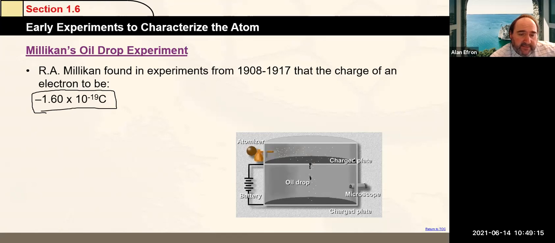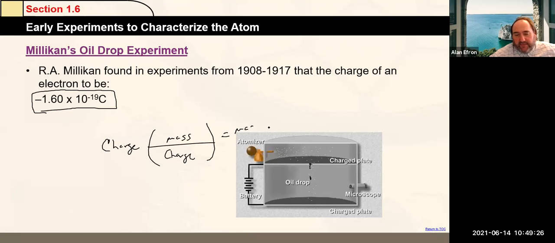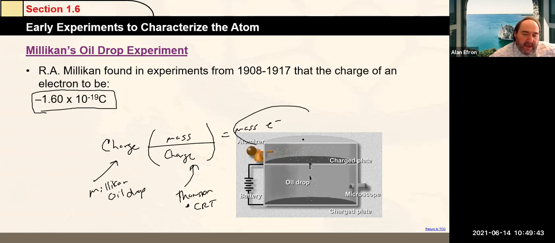Using the charge on an electron and dividing it by the charge to mass, the mass of an electron was able to be determined. This charge comes from Millikan's oil drop experiment, and the charge to mass comes from Thomson's experiment with the CRT tubes.